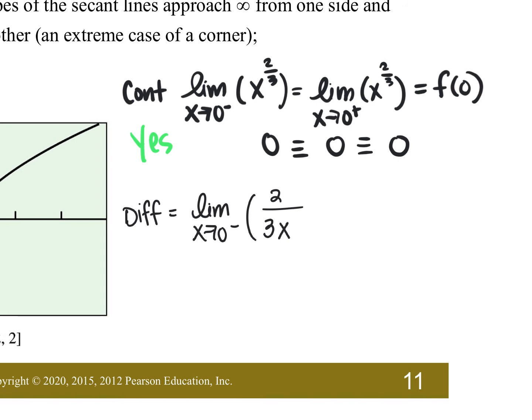Were you saying 2/3 x to the negative 1/3 like that? Okay, so we don't want to leave a negative. We never want to have a negative exponent in our answer. So where should that negative 1/3 go? Okay, so let's write it that way. We want 2/3 over x to the 1/3. And then we're checking, is that equal to the limit on the right, and the derivative is the same.